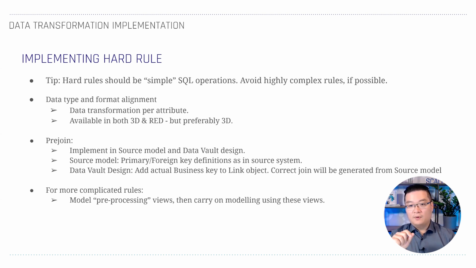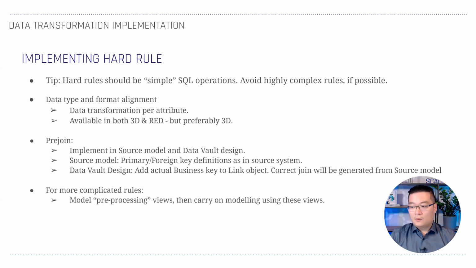But first, you would have to define the primary key and foreign key definitions in the source model, according to the metadata from the source system. Then moving on to the data vault design, you would add the actual business key to the link object, and the correct join will be generated from your definitions in the source model.